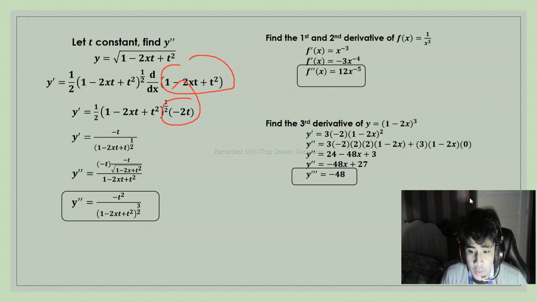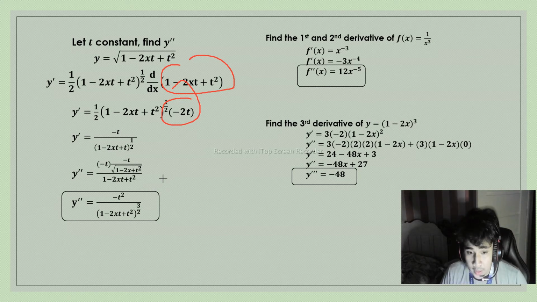Tapos, let's work on this para malitan tayo sa answer. Then, the next move will be negative t multiplied by negative t over square root of 1 minus 2xt plus t squared over 1 minus 2xt plus t squared.